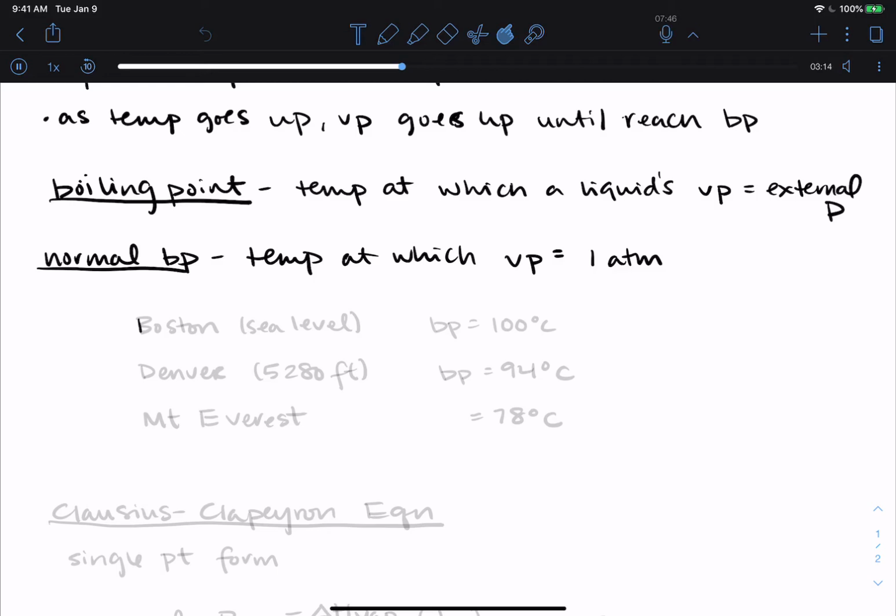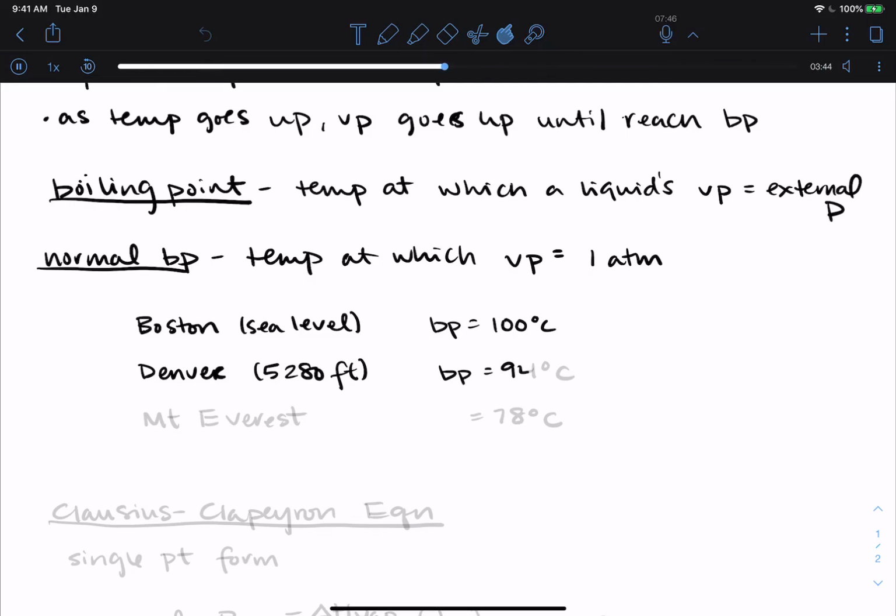But first, some examples. So in Boston, which is at sea level, I think St. Louis is pretty close to sea level as well, the boiling point is what you would expect it to be. It's 100 degrees C. In Denver, which is Mile High City, 5,280 feet above sea level, the pressure is lower, so the boiling point is lower.